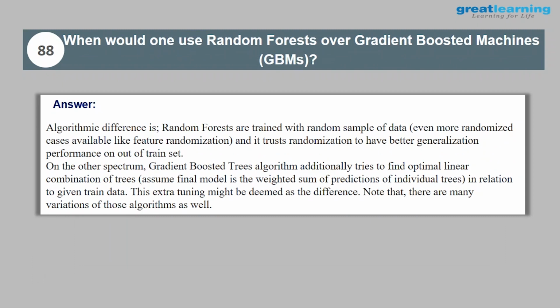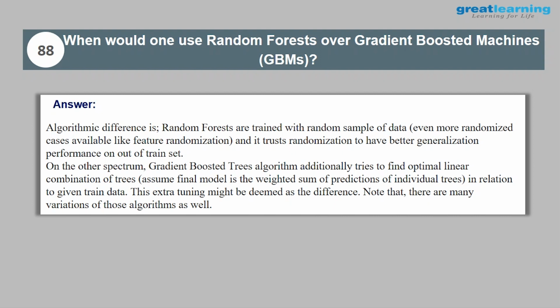Now let's have a look at when you would use random forest over gradient boosted machines, GBMs. The algorithmic difference is that random forests are trained with a random sample of data, with even more randomized cases available like feature randomization, and it trusts randomization to give better generalization performance on the out of train set.